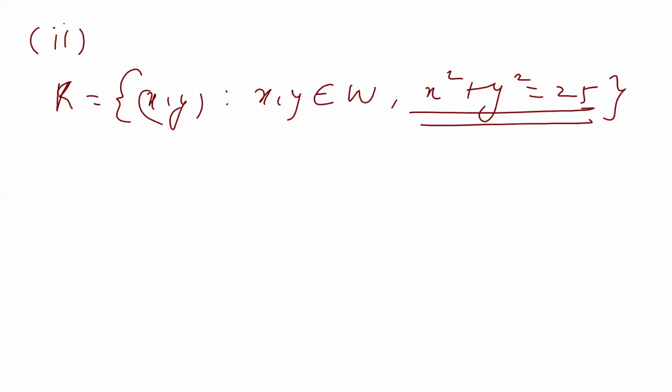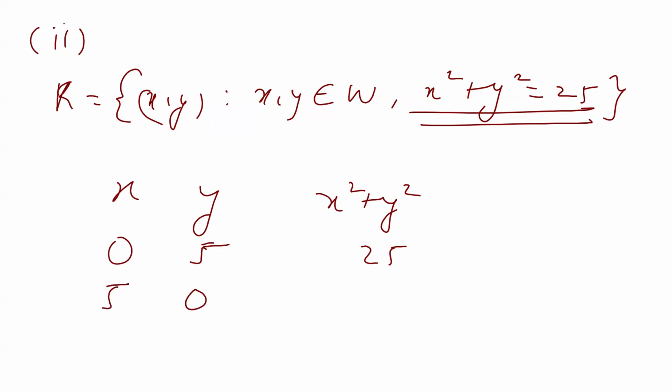Okay. Now x square plus y square is equal to 25. So the first x value I am taking as 0. So 0 square plus 5 square. If y is 5, the answer will be 25. Similarly, if I reverse this, 5 and 0, same thing, the answer will be 25.